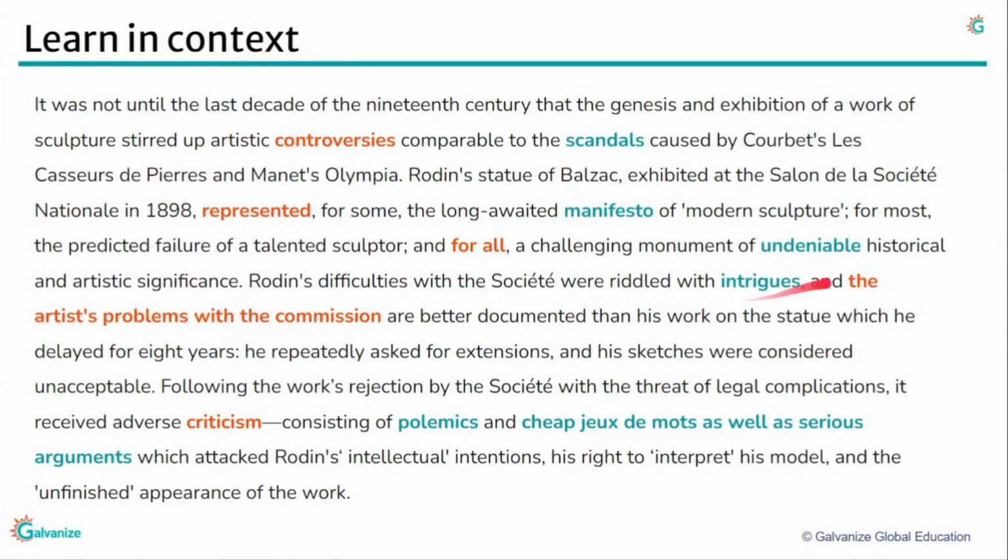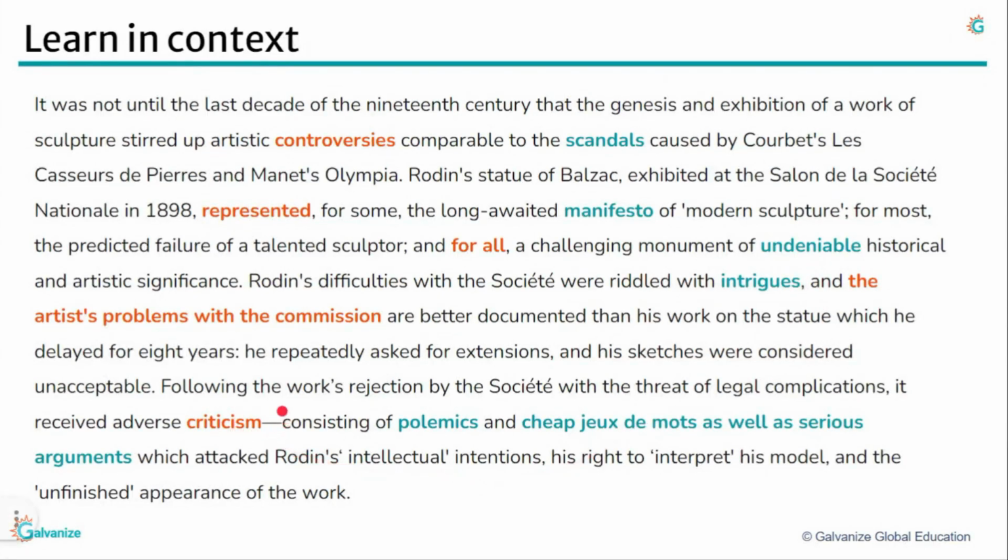So these are comparable, equal things. So maybe this part has some relation to what follows it. You can try and guess that. Here intrigues are mentioned, and then it's mentioned that the artist had problems with the commission. So intrigues maybe are some kind of conflicts, some kind of problems in this context. Here I was just looking at the connecting word to understand this.